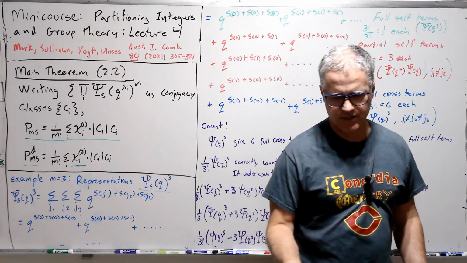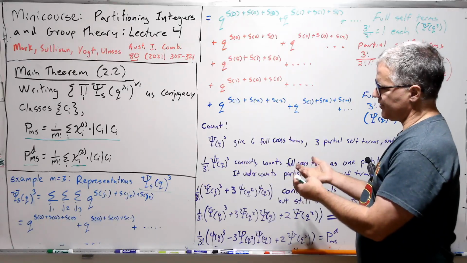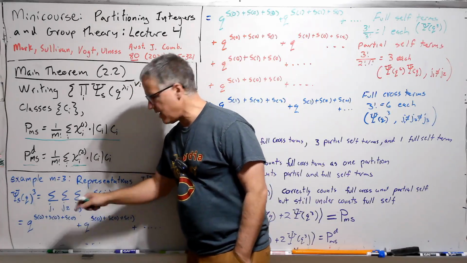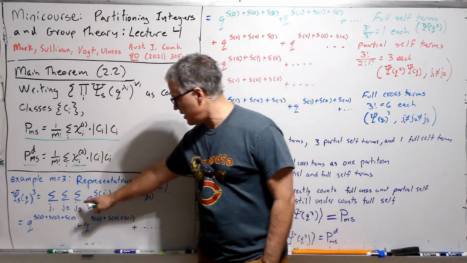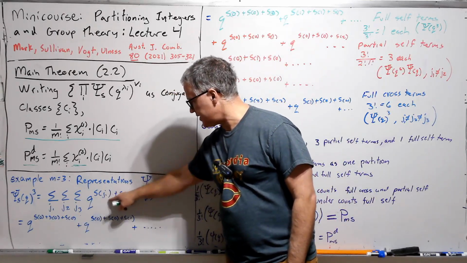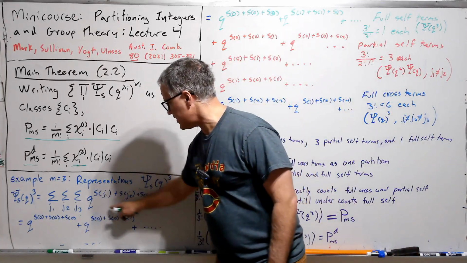The generating function gives us the representations for m equals 3 by just cubing it. And when we cube it, we get 3 independent dummy variable sums over the exponents here, right?